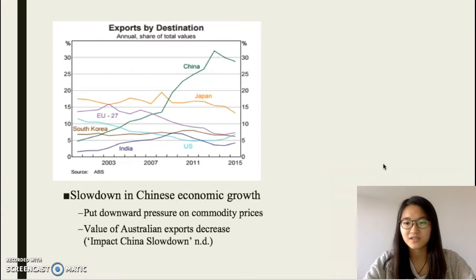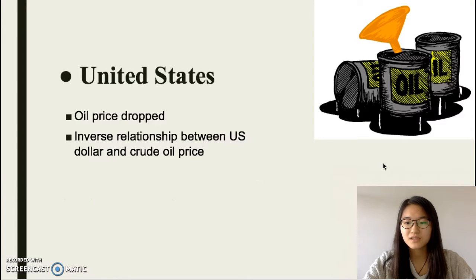China is considered Australia's biggest trade partner. This transition could decrease the export of Australia, which affects Australian commodity prices and slows down the Australian economy as well. The United States is the biggest importer of crude oil, so there is an inverse relationship between the US dollar and oil price.